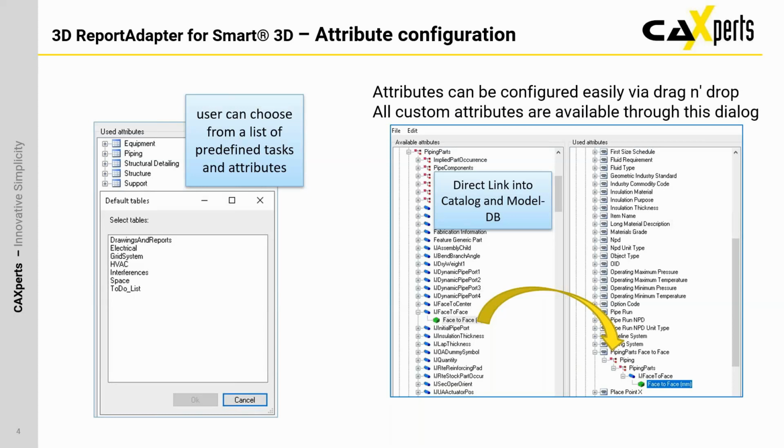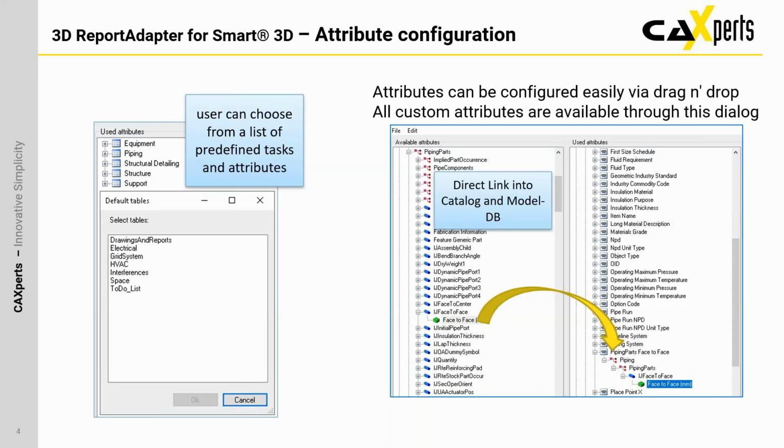We have here a functionality where you can organize this quite easily. There is no deep knowledge of a database and the structure necessary. You just need to keep in mind that everything is reported on a part level. Then you go to your piping parts, for example.